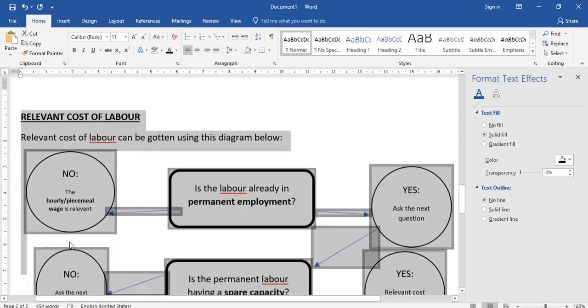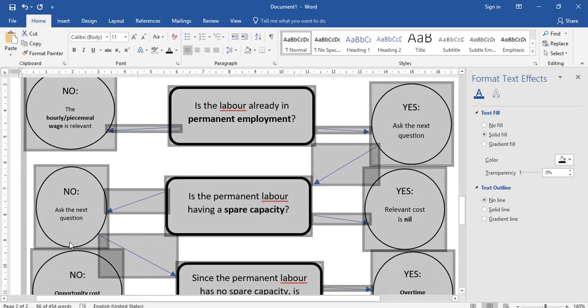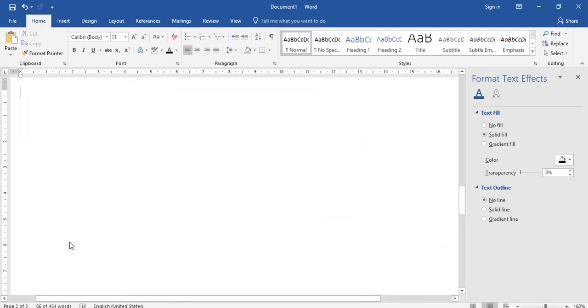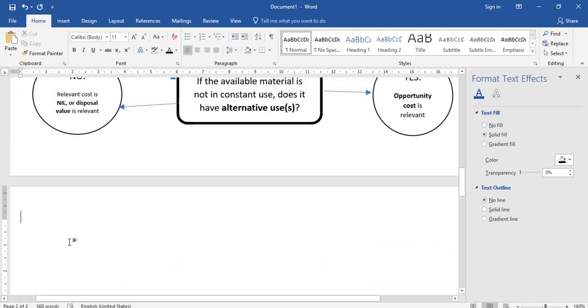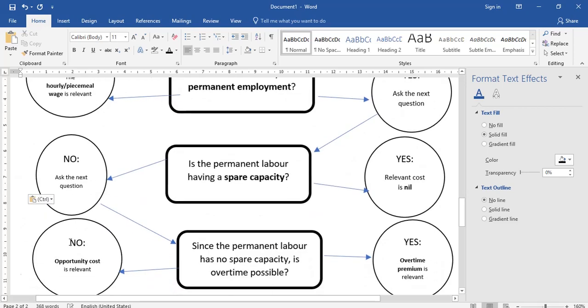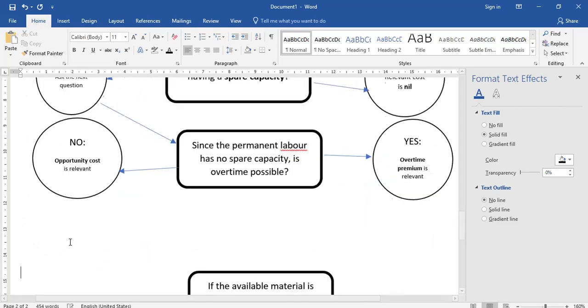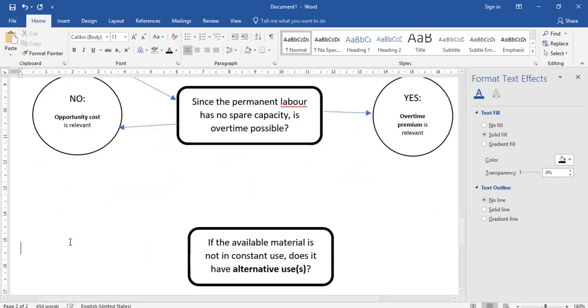So in our next video, we shall see how we can apply the relevant cost of material and the relevant cost of labor in order to solve problems.